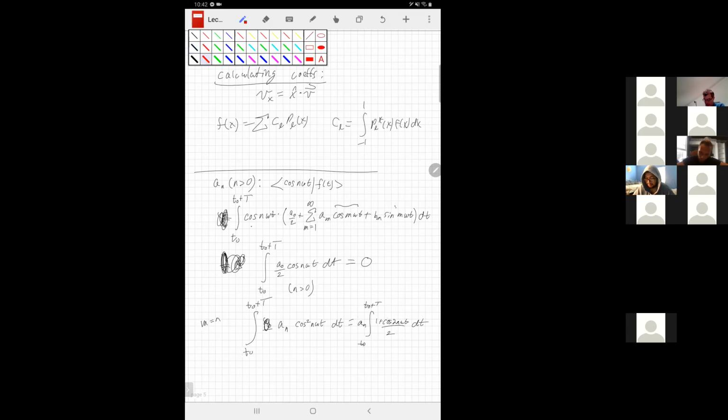And the integral of the second term, well, we're just integrating a cosine over its period, so that integral is 0. And so we're left with an times t over 2 evaluated from t naught to t naught plus the period, equals an over 2 times t naught plus the period minus t naught, equals an over 2 times the period.